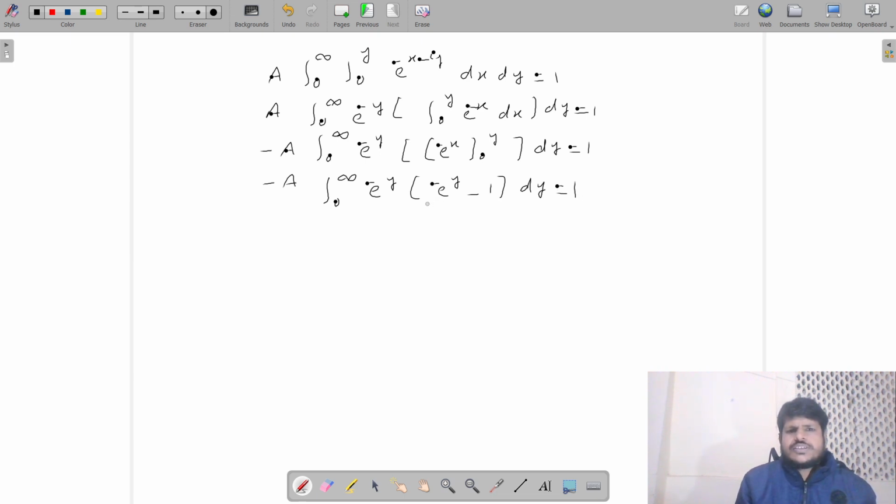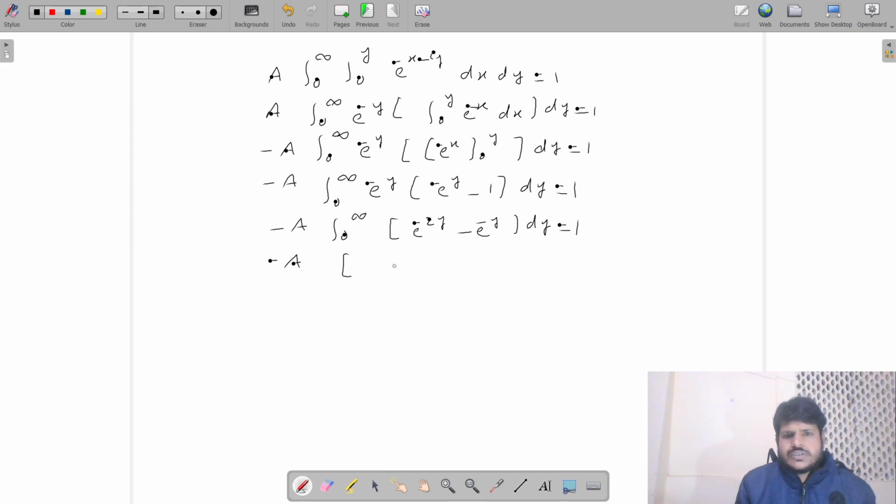Now minus A, and multiply, 0 to infinity, we can write e raised to power minus 2y minus e raised to power minus y dy equal to 1. Now you only need to do simple integration.